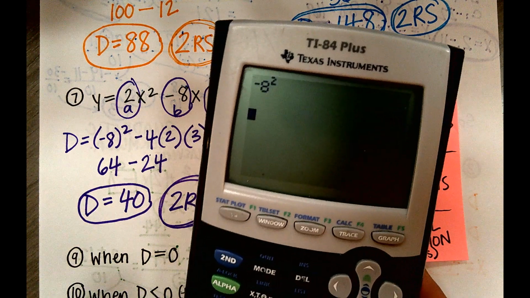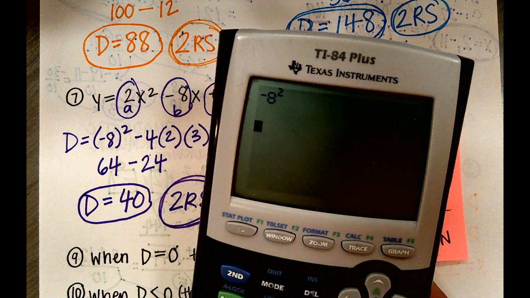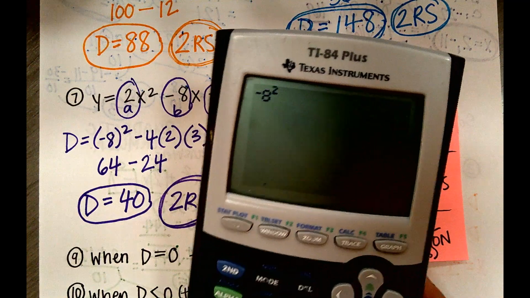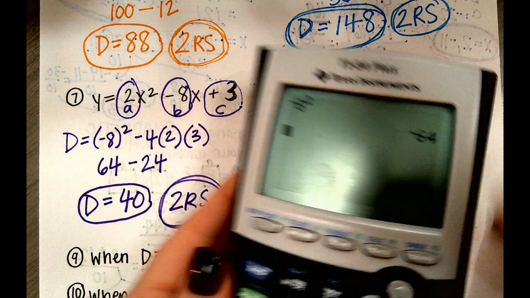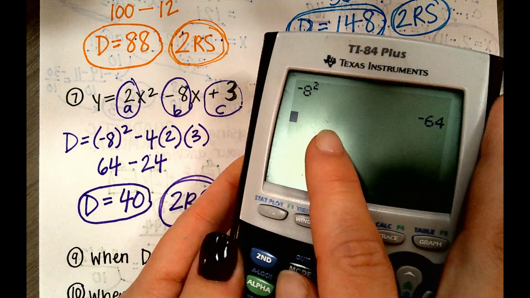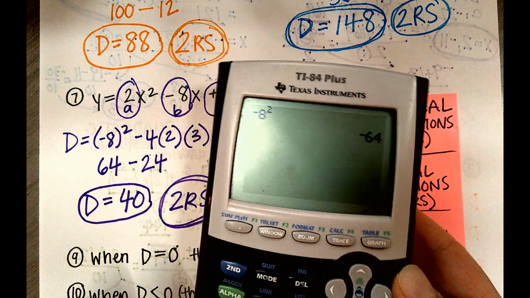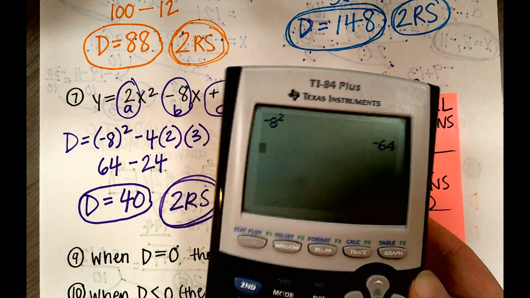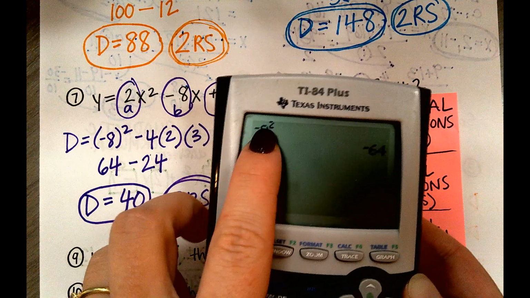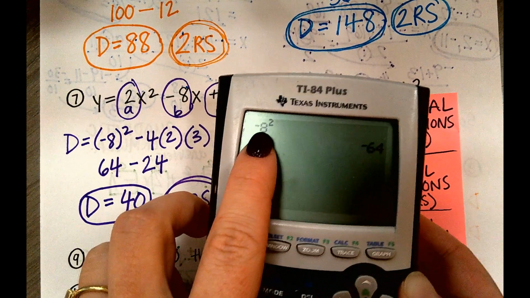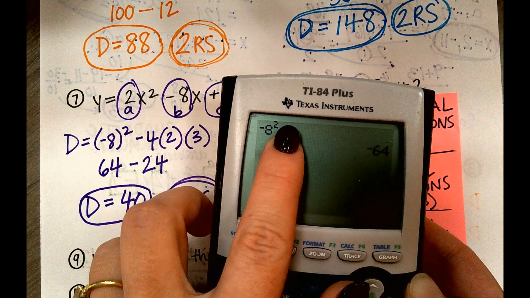Okay. So let me answer that because you all were very close with the answer. Basically, your calculator is using the order of operations, or PEMDAS, and for some reason your calculator is not assuming that's a -8. It's assuming, well, exponents come first.